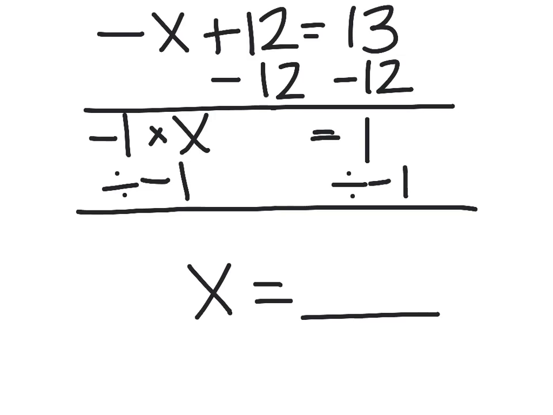Negative 1 divided by negative 1, that's 1 times x equals 1 divided by negative 1. Well, I have 1 negative in my problem, which means that my answer is going to be negative. I don't need this times 1 here, so in the end, I'm left with x equals negative 1.